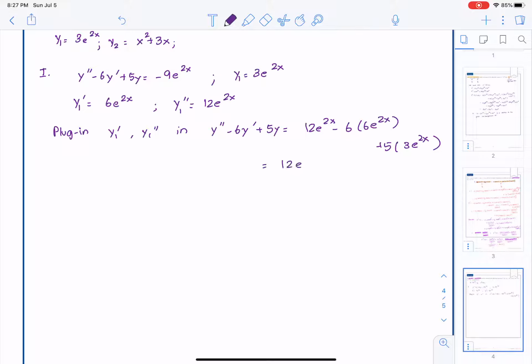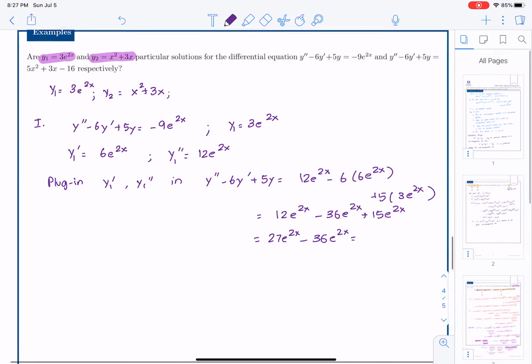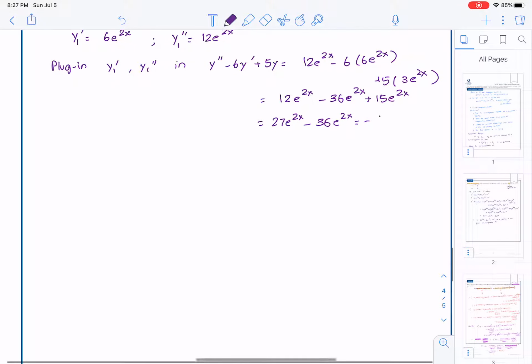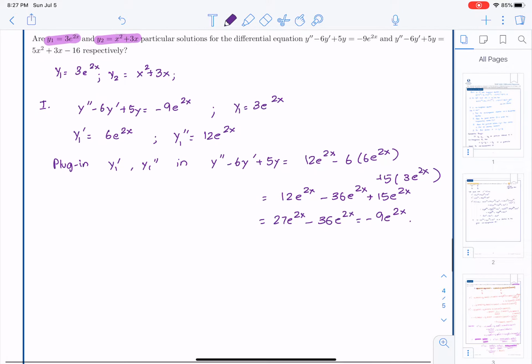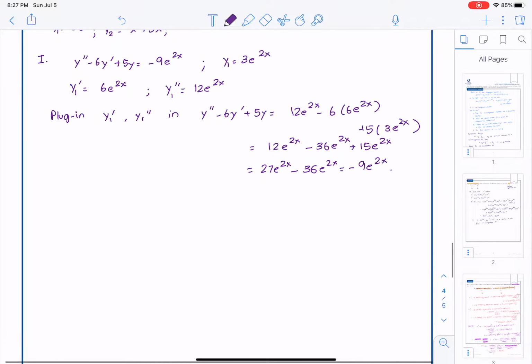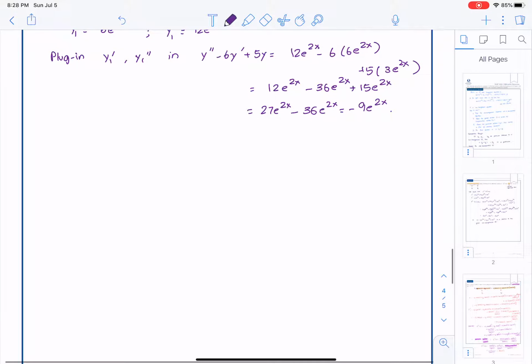You get 12 e raised to x minus 36 e raised to x plus 15 e raised to x. 27 e raised to x minus 36 e raised to x. We get negative 9 e raised to x. So it matches the right hand side.